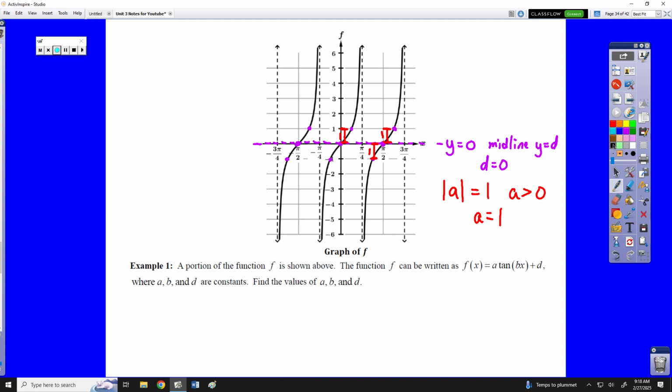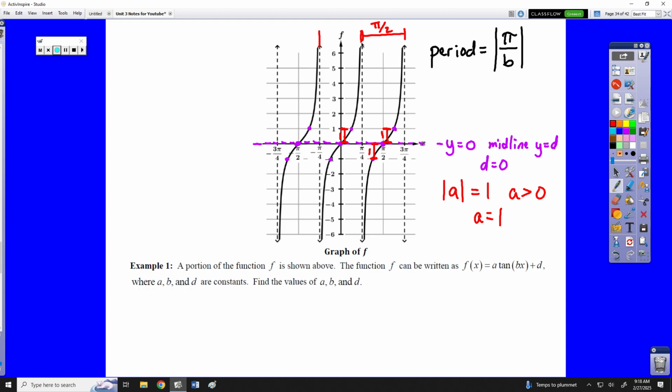Now the period of the tangent function is equal to the absolute value of pi over b. Again, we're generally going to be trying to avoid a horizontal reflection, so we really are more interested in making sure we can see that the period would be the distance between any of these vertical asymptotes. 3 pi over 4 minus pi over 4 is 2 pi over 4, meaning that distance is pi over 2.